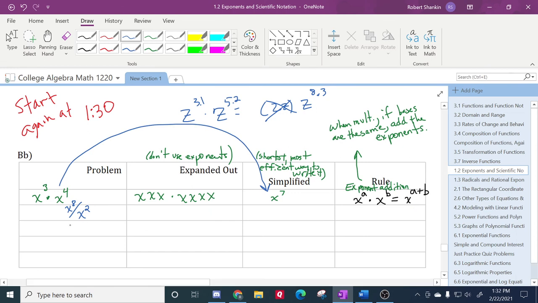And then go to the next one. X squared, change color, cubed. Write that out in expanded form, simplified form, and the rule.